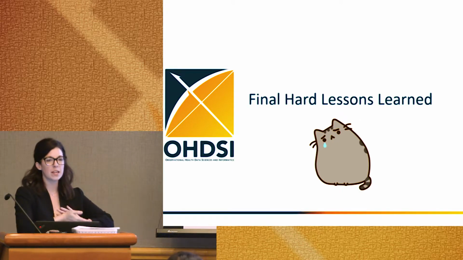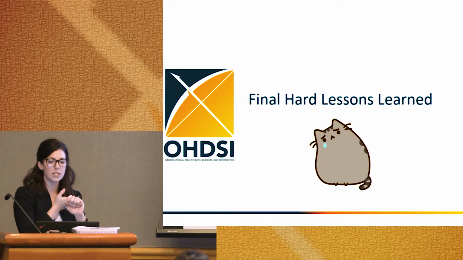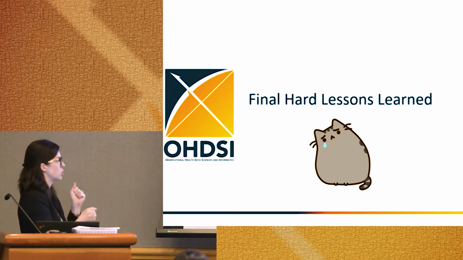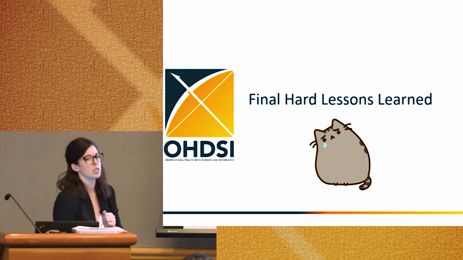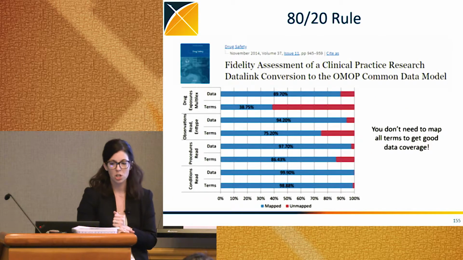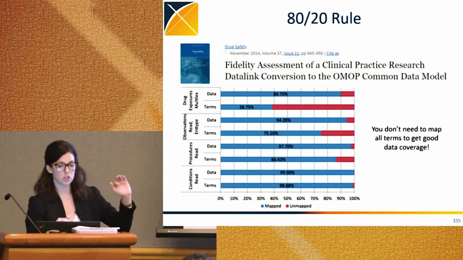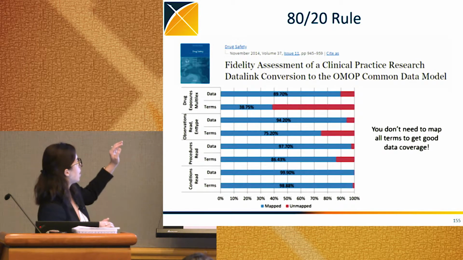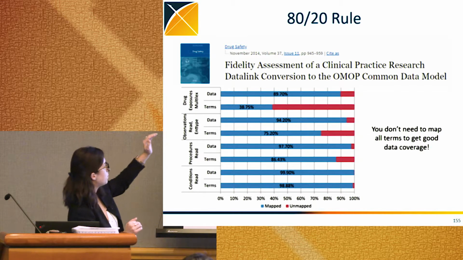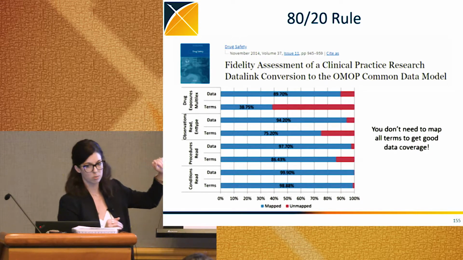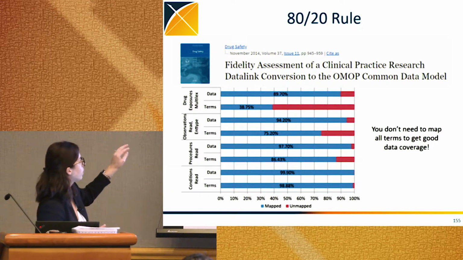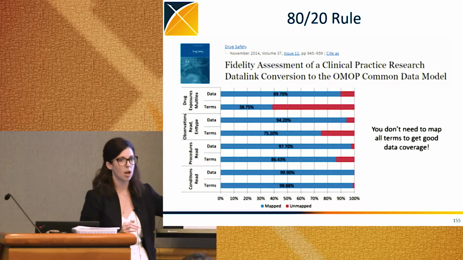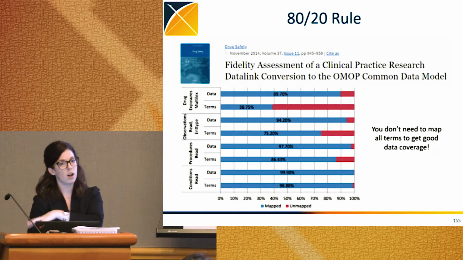So just a couple things that we want to drive home a little bit. This is what we call our 80-20 rule. You don't have to map all the terms in your data to get good data coverage. What this is showing is the amount of data that's being mapped, and the percentage of terms being mapped. I think this really shows a nice way how you don't have to map all the terms to get almost 100% coverage of your data.